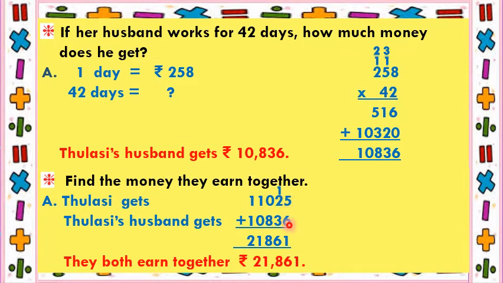So 6 plus 5 is 11. Put 1 down, carry 1. 3 plus 2 is 5, 5 plus 1 is 6. 8 plus 0 is 8. 1 plus 0 is 1. 1 plus 1 is 2. So Tulasi and her husband, they both earn together rupees 21,861.